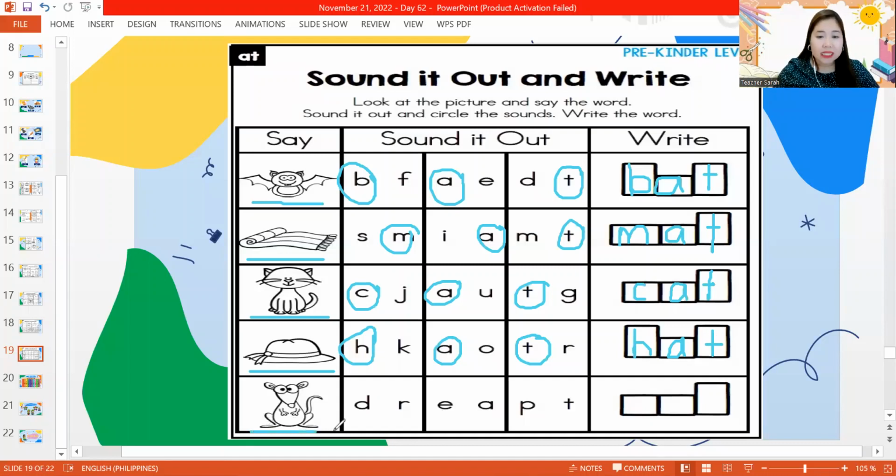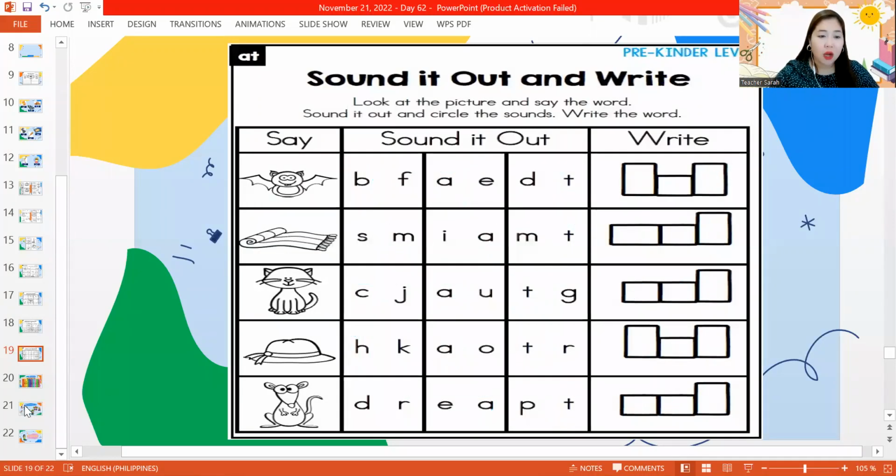And lastly, what is this? This is a rat. That is a rat.